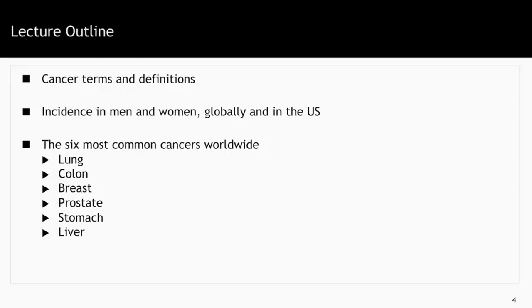In the lecture outline, we're going to go through the cancer terms and definitions, the incidence in men and women globally and in the U.S. of cancer overall, and then we're going to talk about the 6 most common cancers worldwide: lung cancer, colon cancer, breast cancer, prostate cancer, and stomach and liver cancer.